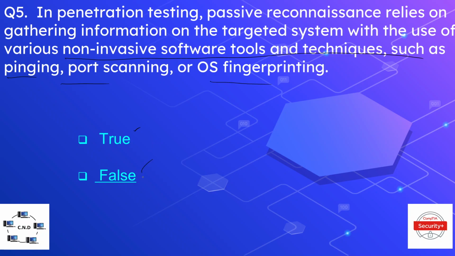The correct option is false. Pinging, port scanning, or OS fingerprinting, these techniques are invasive, and this is not passive reconnaissance. In fact, this is an active reconnaissance performed during the scanning stage of the penetration testing. So that's why this statement is false.